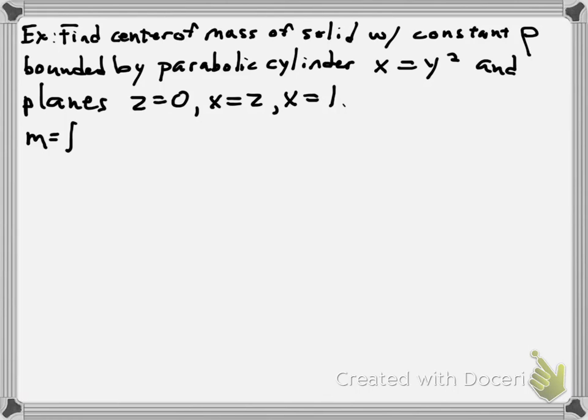where the density is constant, and we're going to integrate first with respect to z. Now if you notice, if we're going to integrate with respect to z, we have to find surfaces that bound this region. And if you look, we do have two equations for z given as functions of x and y. And so those equations are z equals 0 and z equals x.